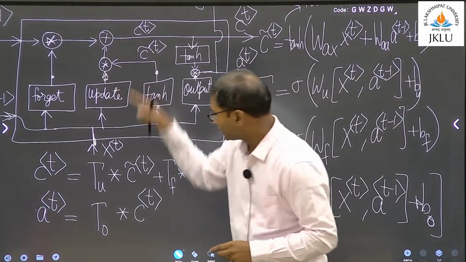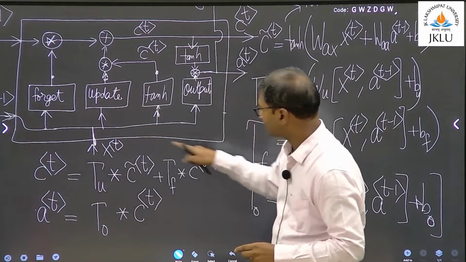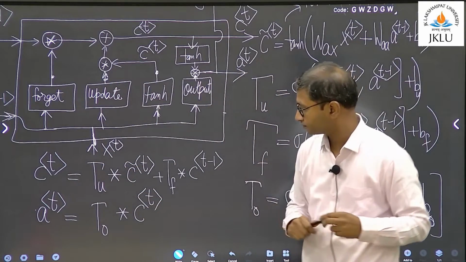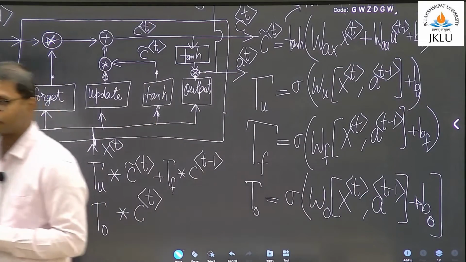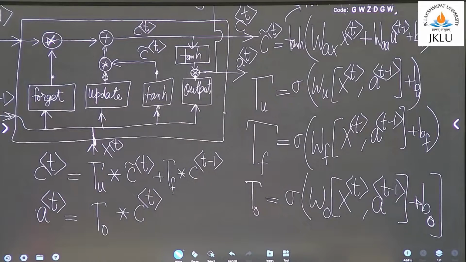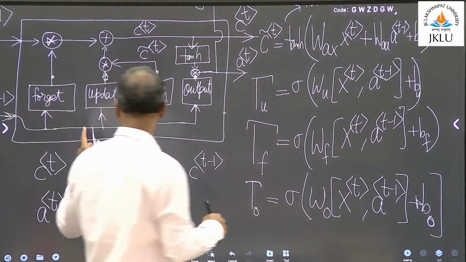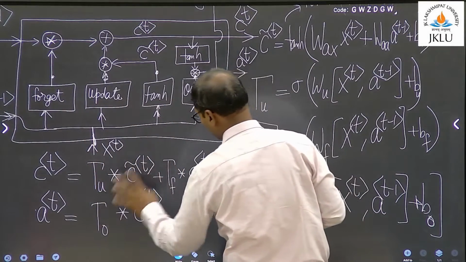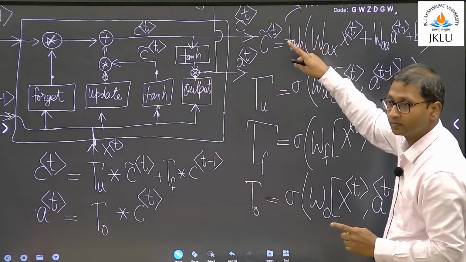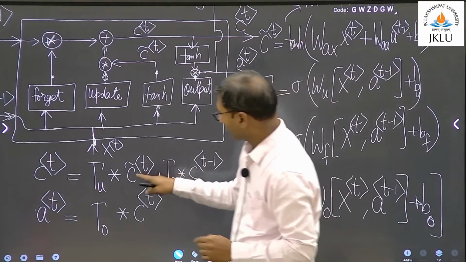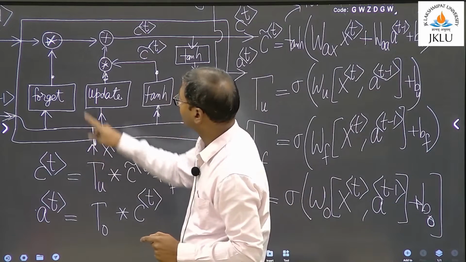Okay, so we are here. Tell me which equations, which part are we talking about? So you have tau u, tau f, tau naught here, c tilde here, all these 4. So c tilde and tau u.